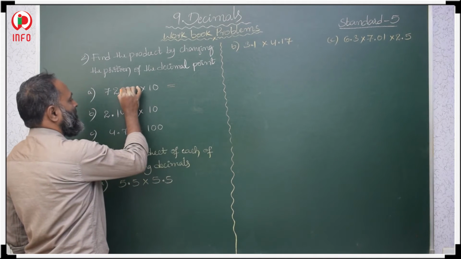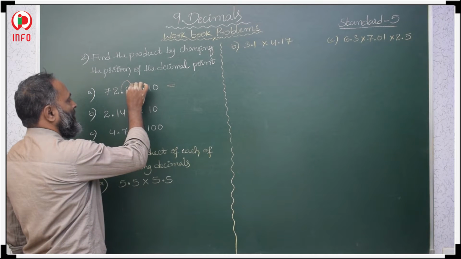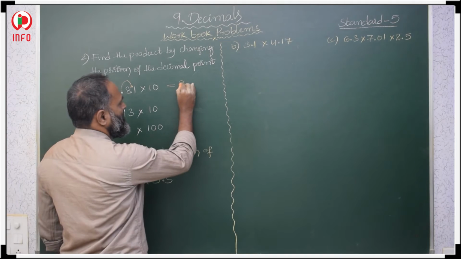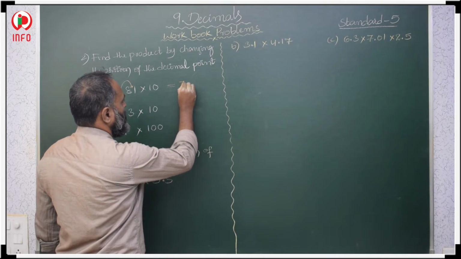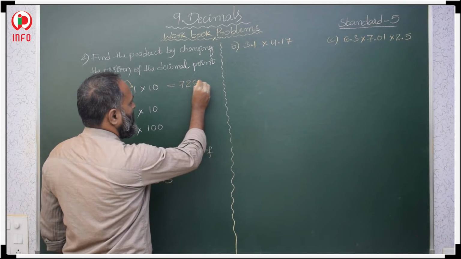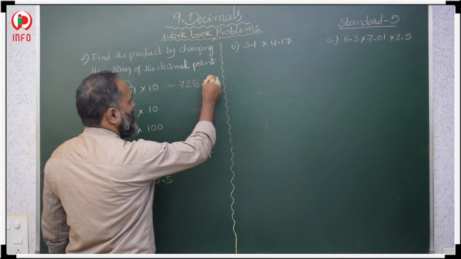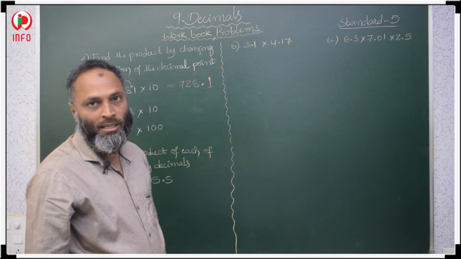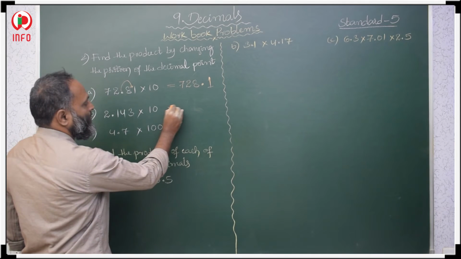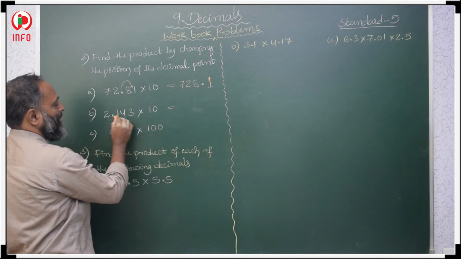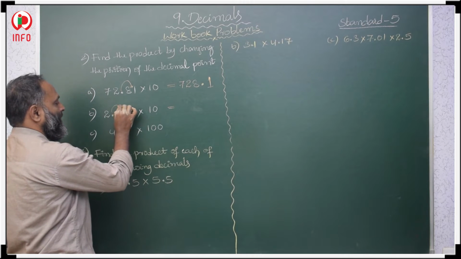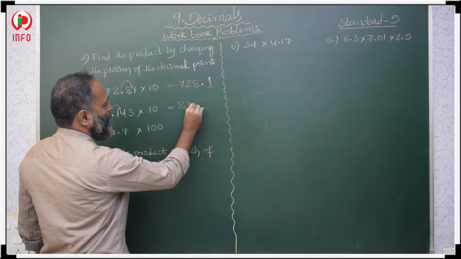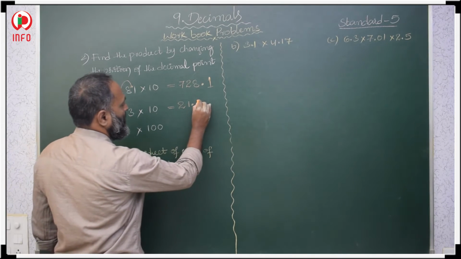So here it will move one place, so it comes after 8, that is 728.1. The decimal moves one digit to the right. Here, if we multiply with 10, again the decimal point moves one digit right, that is 21.43.